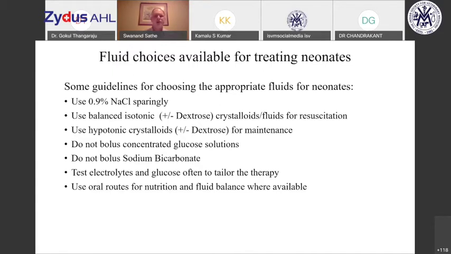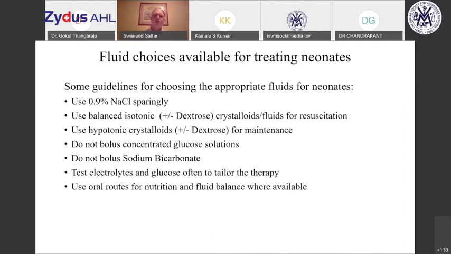We tend to use sodium bicarbonate as an isotonic solution and not as the hypertonic solution that's available in the market. Sodium bicarbonate also has a high level of sodium that, of course, the foal cannot utilize efficiently. And with excessive bicarbonate administration, you run the risk of metabolic alkalosis.